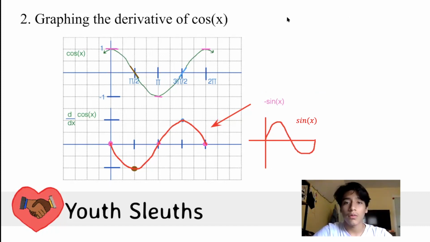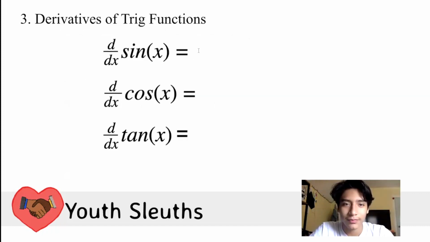Now we will summarize what we have learned so far. Okay. So as we saw, the derivative of sine is cosine of x, and the derivative of cosine is just sine, but flipped on the x-axis, so it is negative sine.